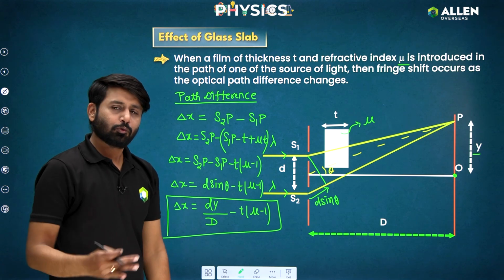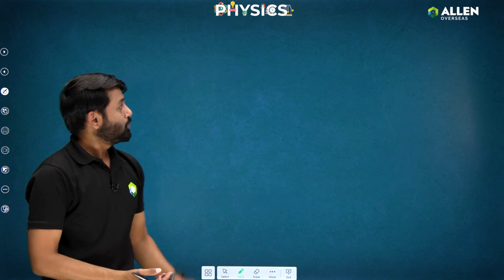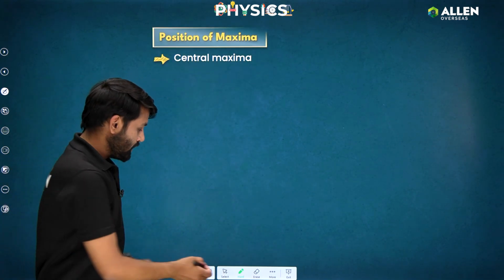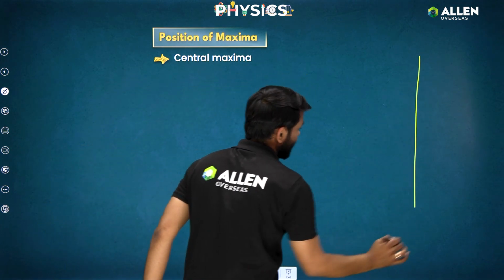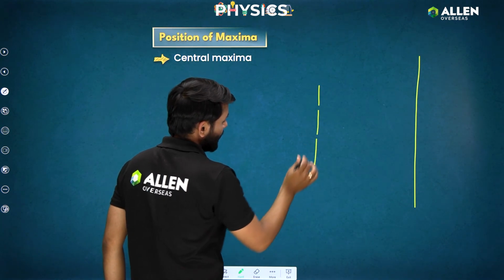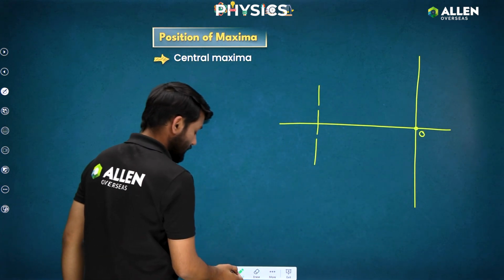Is that clear? Sir, what about the positions of maxima and minima? So let's see the positions of maxima. First is central maxima. You can see here, this is the screen, and these are two slits, okay? And this point is O, right students?